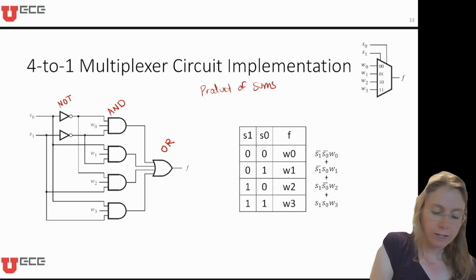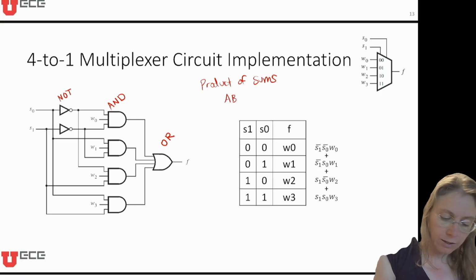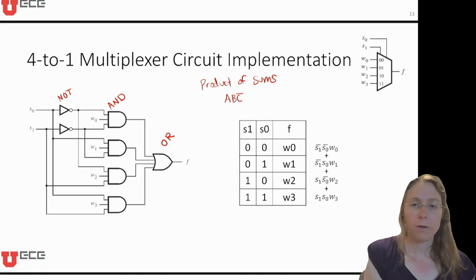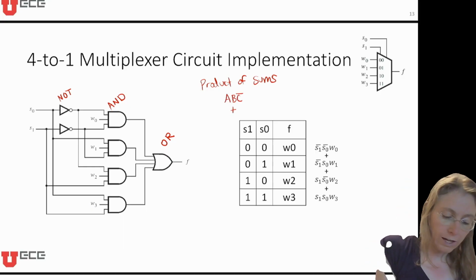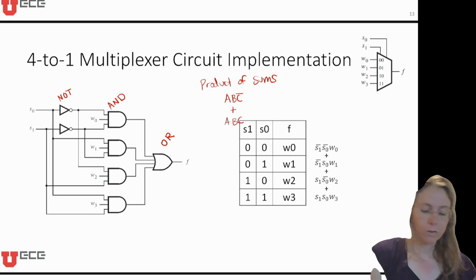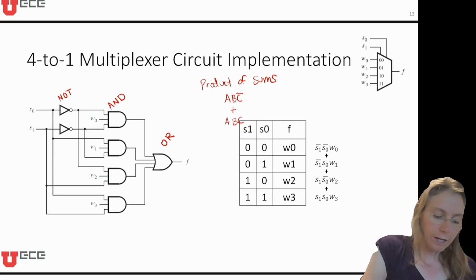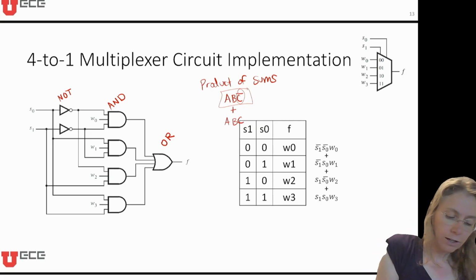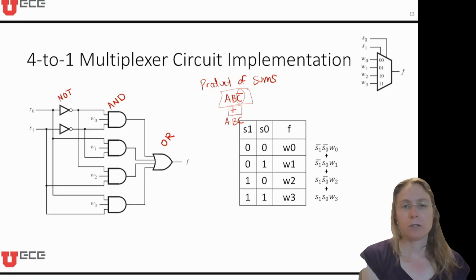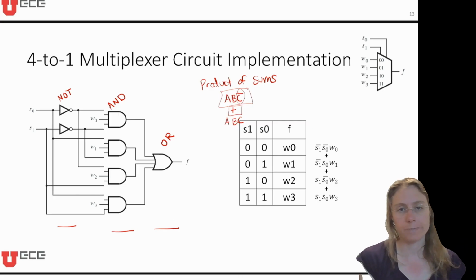Where we looked at each row of the table where the output should be 1, and then we ANDed things accordingly for that row. And then for every row that was 1, we ORed that to a different row, right? For example. And so notice that in this formulation, first we NOT things, then we AND them, and then finally we OR them. So the fact that we're formulating our Boolean expressions using that algorithm means we always end up with a generic thing that can be NOTs and then ANDs and then finally ORs in that order.